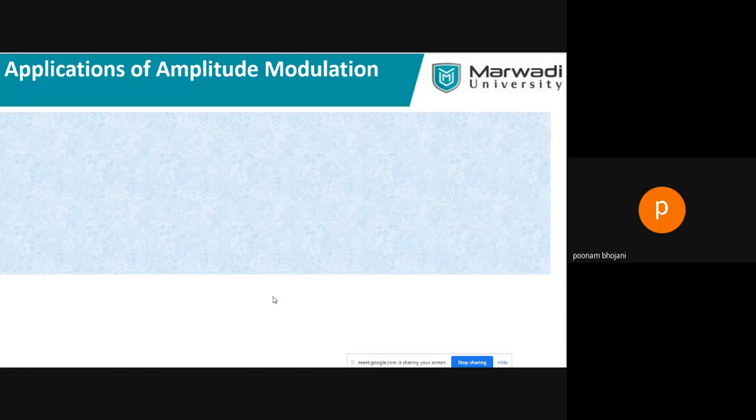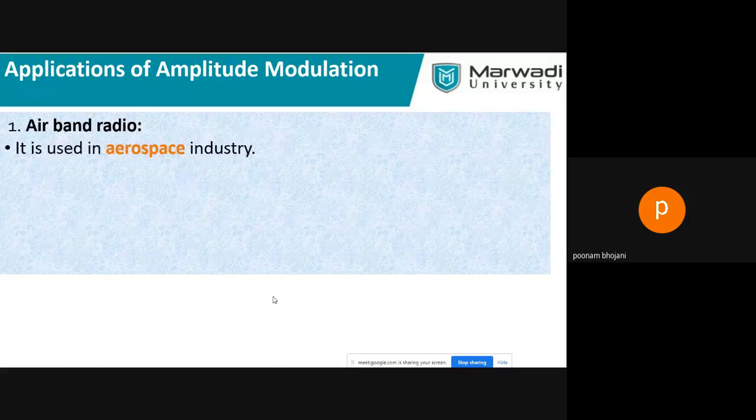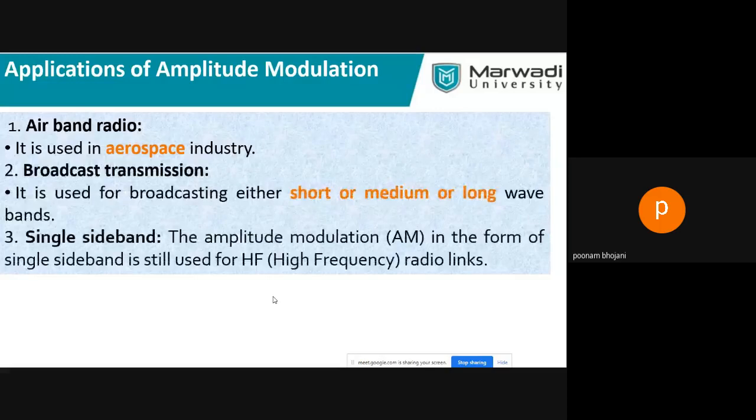There are many applications, but right now they have mentioned only 3 applications in the book. First is airband radio. Airband radio means in the aerospace industry, they are using amplitude modulated radio, AM radio. Whatever radio you know right now is FM, and FM works in megahertz frequency.